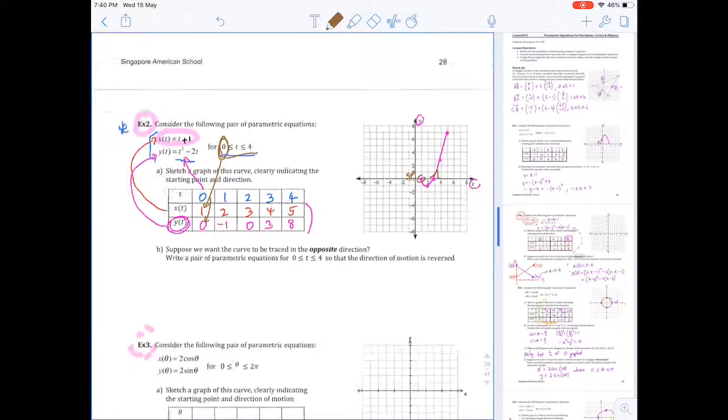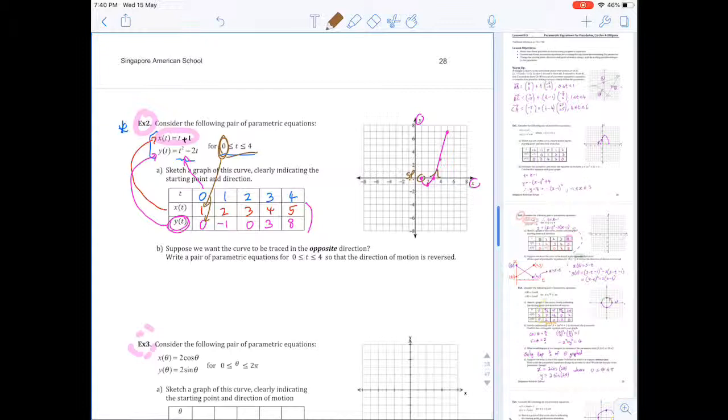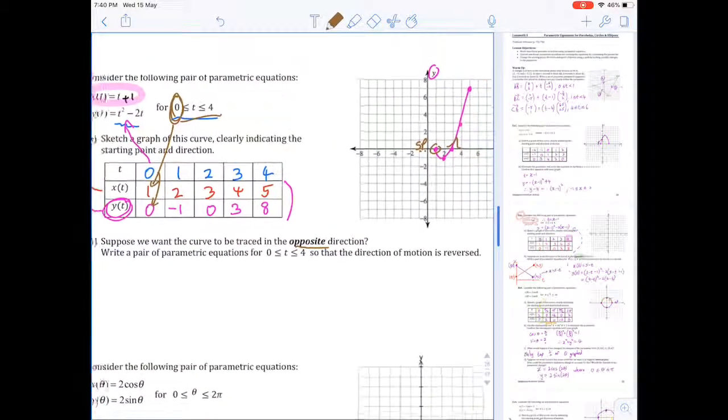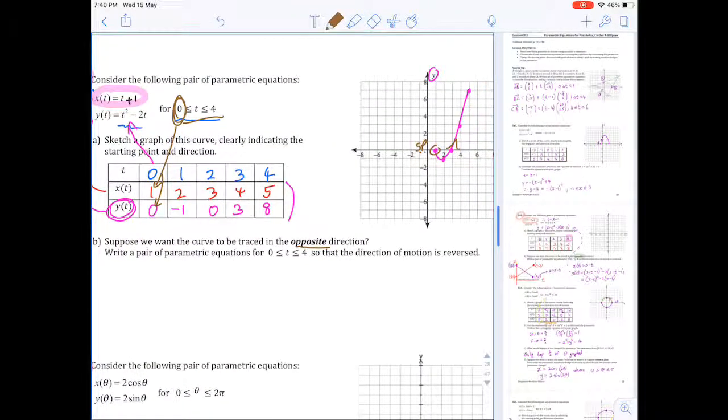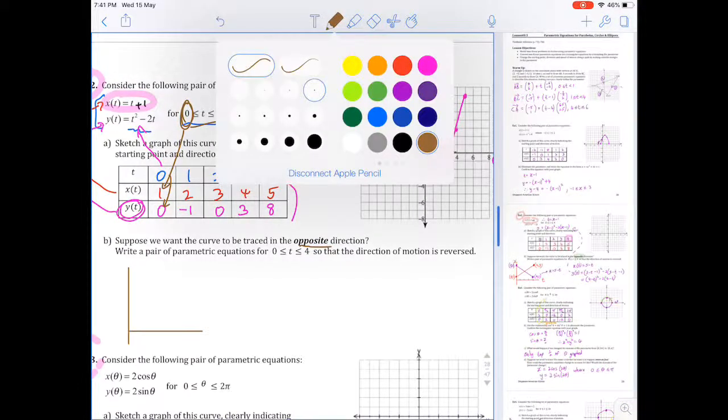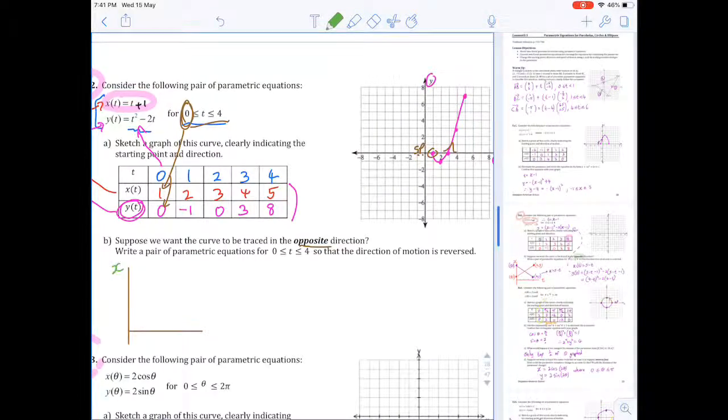Now we want the curve to be traced in the opposite direction. This is typically one of the more confusing elements, so I'm going to sketch, and we'll take a minute or two, or as many minutes as we need, to make sure this is clear. First, be clear that this is an x-t graph, not an x-y graph.